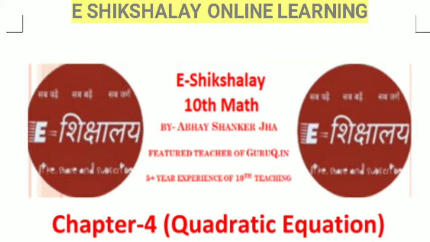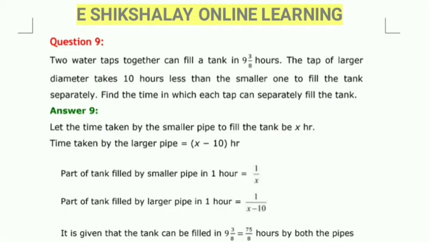Basically, I'm going to discuss word related problems today, and these problems are very important and very confusing to students. So let us discuss question number 9. I am just reading question 9. It is a word related problem, as I have told you.